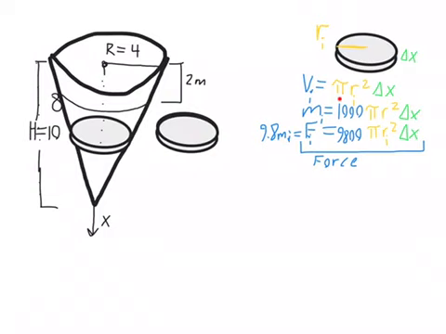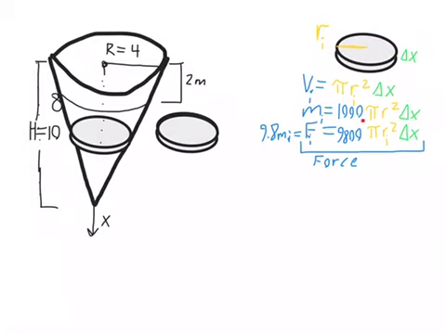So volume would be base area times height, pi r squared times height, delta x, and then the mass of each one. Each one has a separate mass, so index i. We're going to say that we're working in, like I said, the metric system, and we're going to consider these disks to have the same density as water.